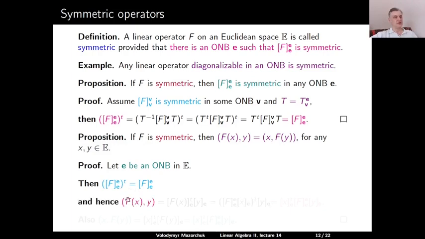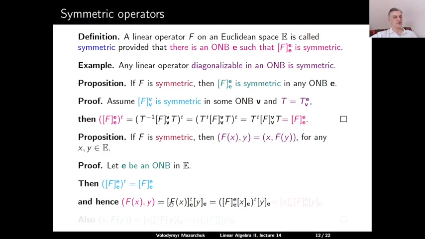So now we can compute the scalar product between f of x and y. We use the coordinates of these two vectors in an ONB. So if we have coordinates of vectors in an ONB, then the scalar product is just the sum of the products of the corresponding coordinates. In other words, it's the coordinates of f of x in this basis transposed times the coordinates of y in this basis.